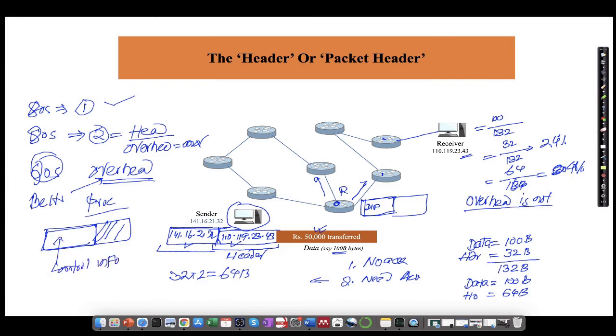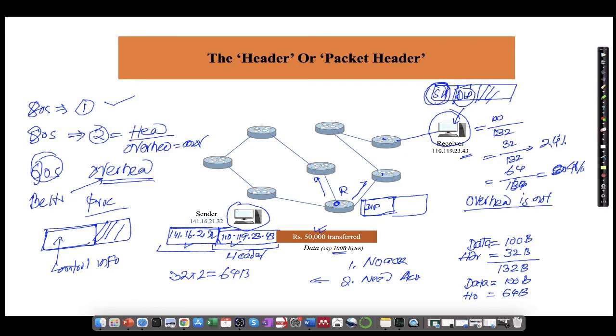For example, when the receiver receives the data with both the destination IP and source IP, the destination IP represents the receiver. He knows that it is his packet. But what about the inclusion of the source IP? By looking at the source IP, the destination will come to know it is implied that the sender needs one acknowledgement.